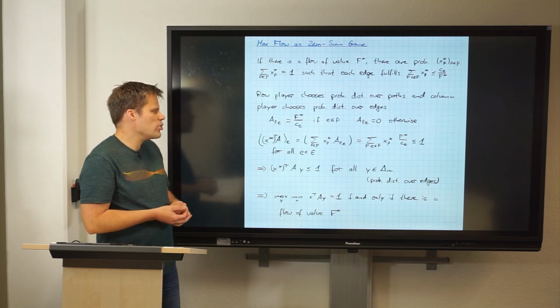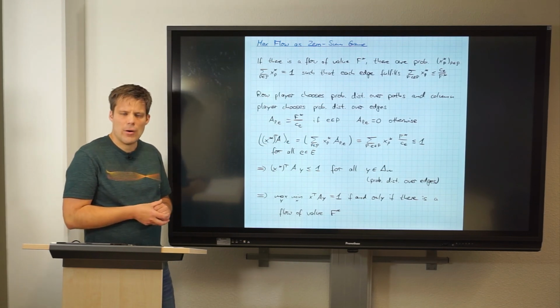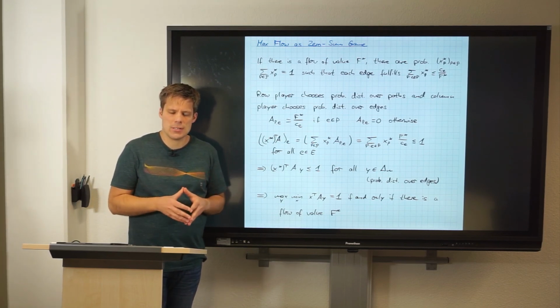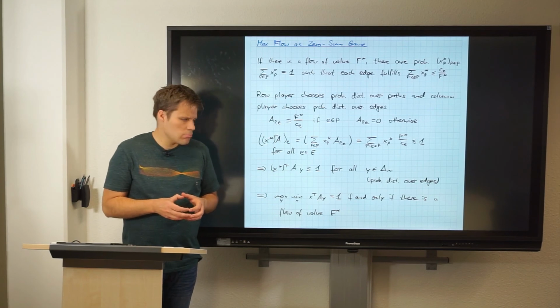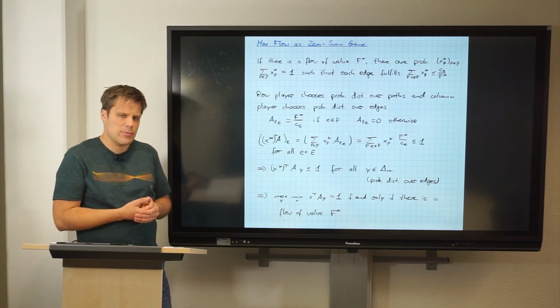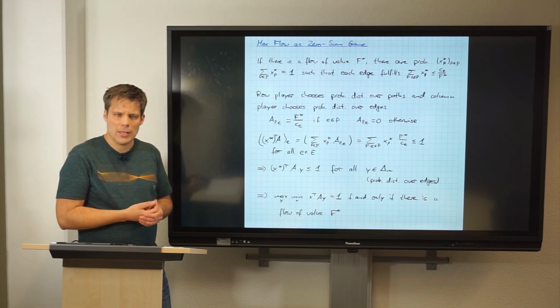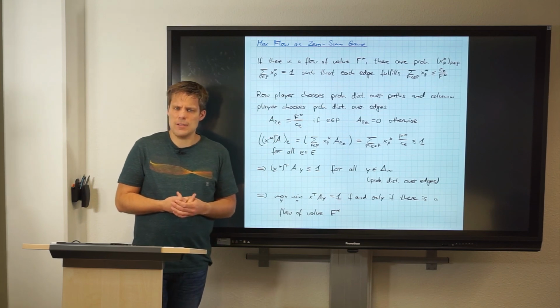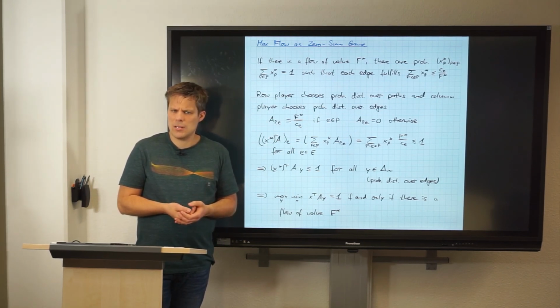Well, because there are so many paths. There are super many paths, but there are only much fewer edges. Of course, now seeing this, you realize you could in principle also use a no regret algorithm for the row player, but then you would need an expert for every path, and this feels extremely weird.